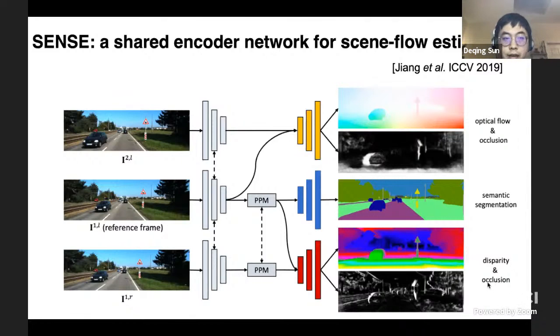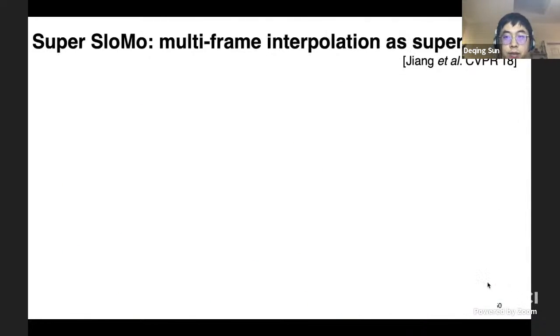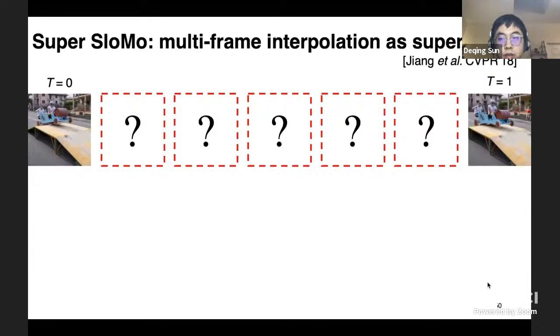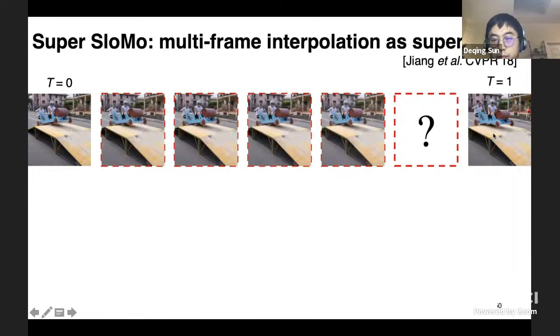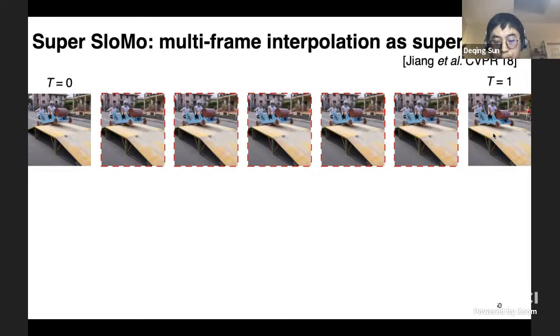And another line of research we did with another intern was to look at video applications, video processing, and also self-supervision. This one is multi-frame interpolation. So the problem is, given two input frames, we want to interpolate all the in-between frames between these two input ones.